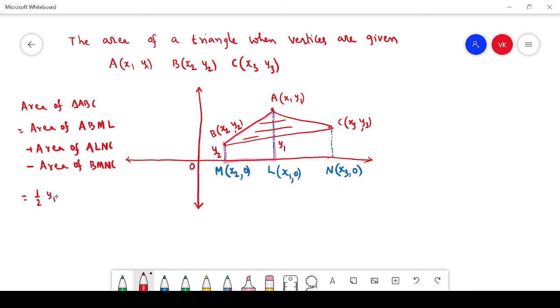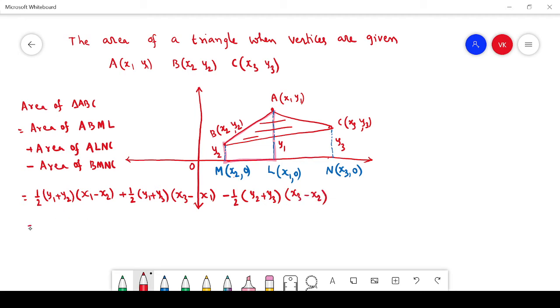That means half into (y1 plus y2), the sum of the parallel sides, into the height, the distance between these parallel sides, x1 minus x2, plus half into the area of this trapezium ALNC: the sum of the parallel sides y1 plus y3, into the distance between these two parallel sides, x3 minus x1, minus half times the area of trapezium BMNC: parallel sides y2 plus y3 into the distance between M and N, that is x3 minus x2.